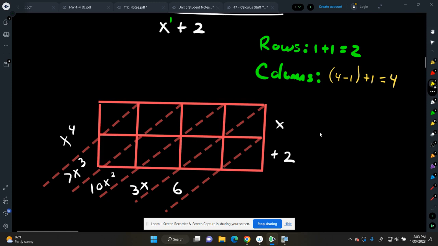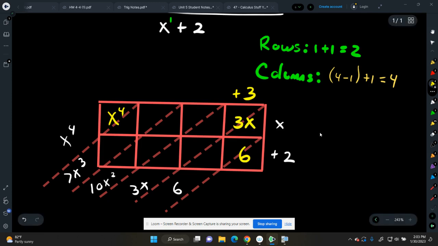What do we do first? Put the 6 in there. And let's put our x to the 4th up here. What did I multiply the 2 by to get the 6? 3. So we've got plus 3 up there. That makes this a 3x.